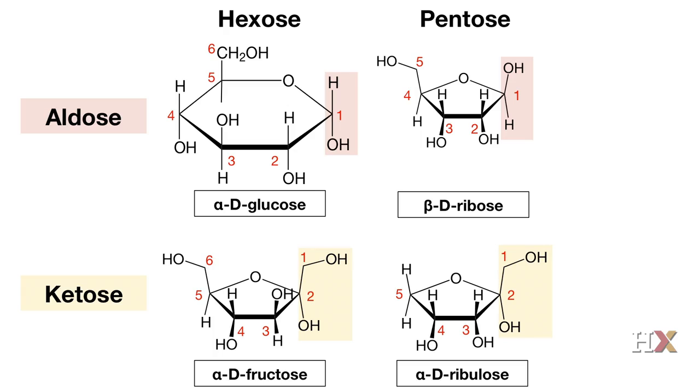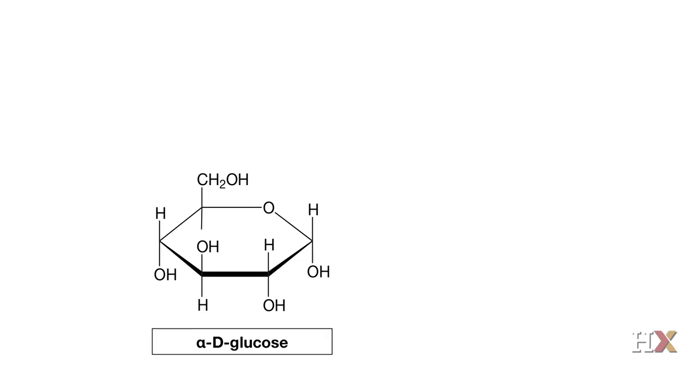Now, you can form a large variety of cyclic structure. For example, you can form hexoaldose, pentoaldose, hexoketose, or pentoketose. So all of these molecules, all of these hexose and pentose, whether they are aldose or ketose, can form cyclic structure. Now, if we look at the structure of the ring, we can see that we have two different types.